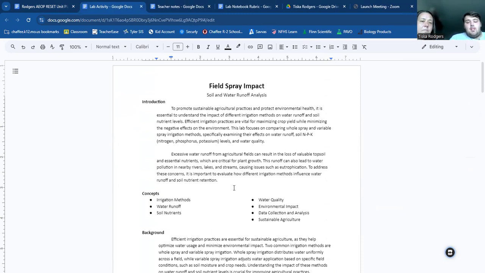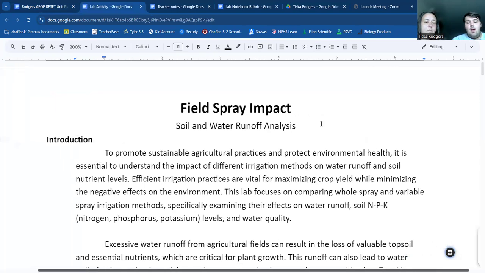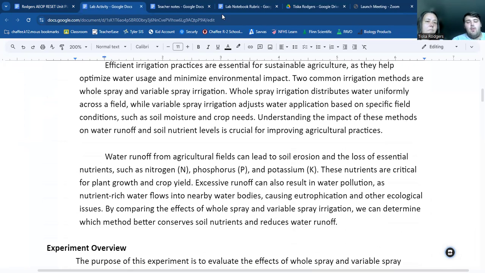This first one is a simulated lab. So you as a teacher will make simulated runoff using Miracle-Gro or whatever fertilizer you would have. And then the students will take water samples and soil samples, a core sample, to see the difference.